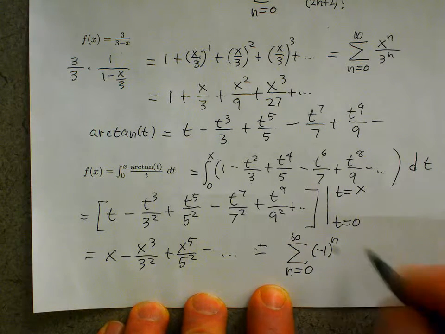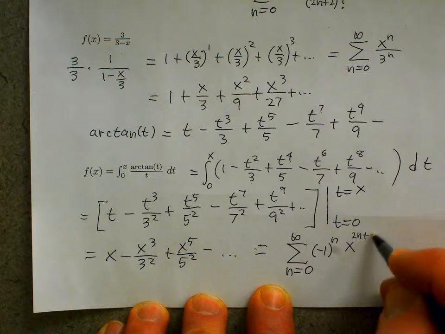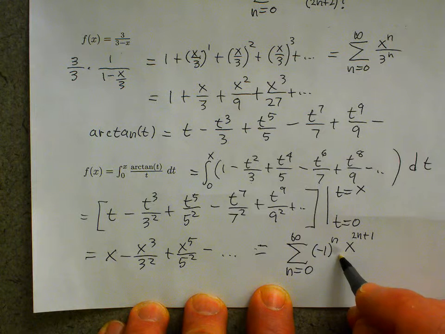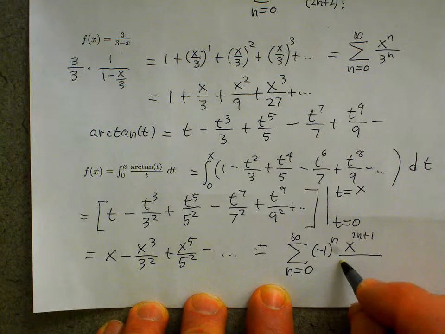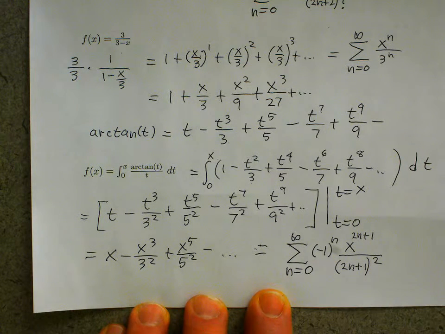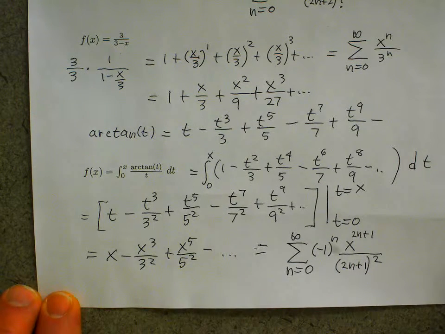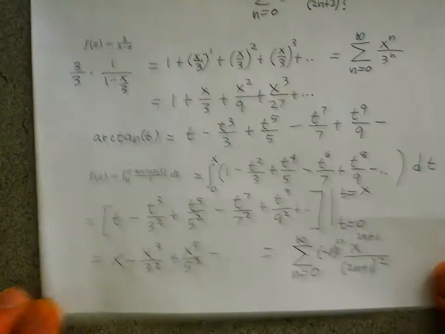And the x terms will be x to the 2n plus 1, divided by 2n plus 1 quantity squared. Okay, so that wasn't so bad. All right, let's move on to the next page.